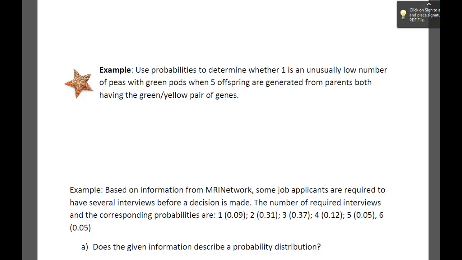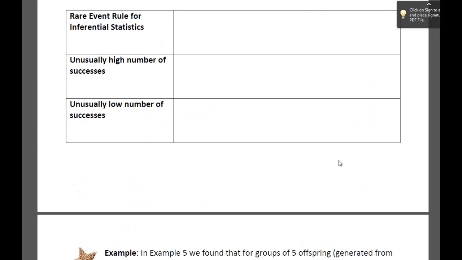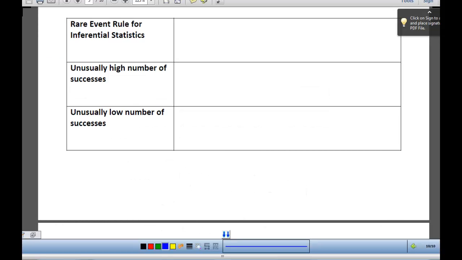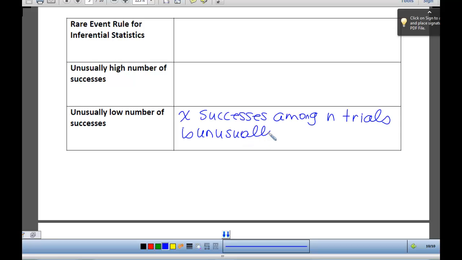In the textbook, it says we have an unusually low number of successes, X successes among N trials, is unusually low if the probability of X or fewer successes is unlikely.